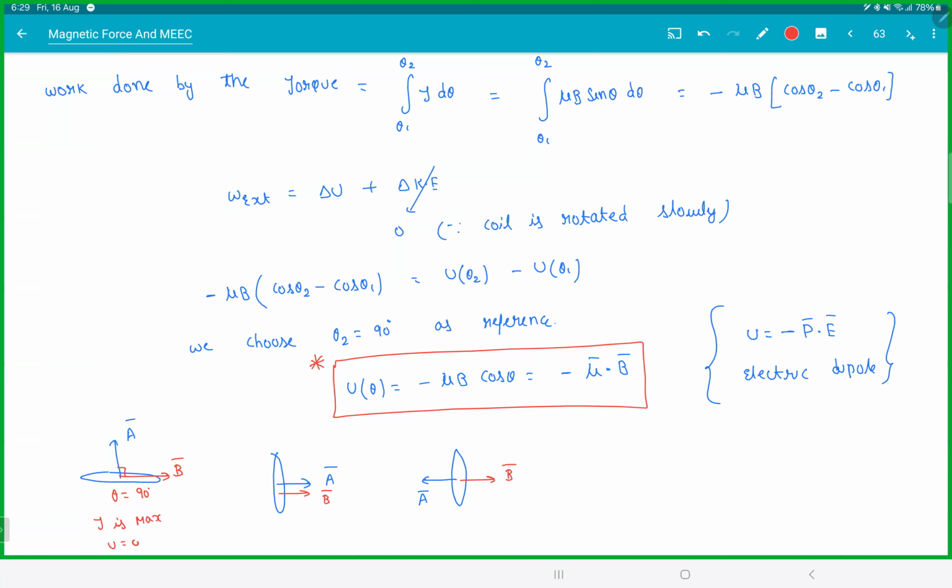Energy is 0. Here torque is 0. U is minus mu B, stable equilibrium. Here torque is also 0, but potential energy is plus mu B. This is unstable equilibrium. There, have a look at this.